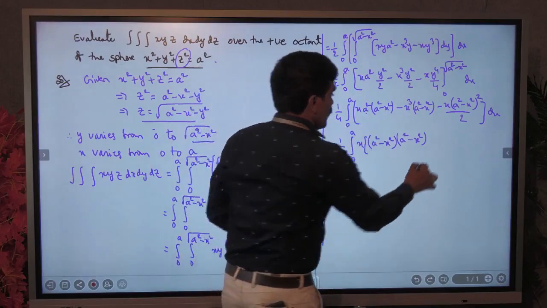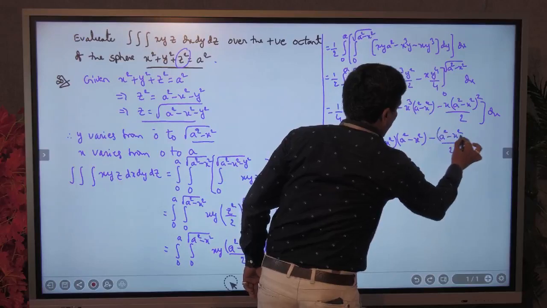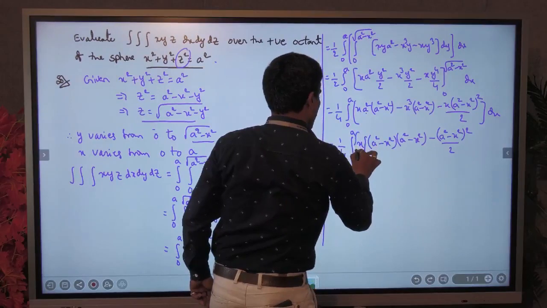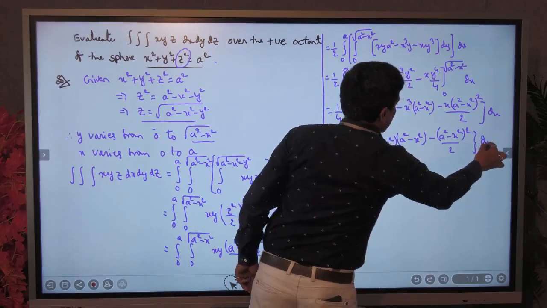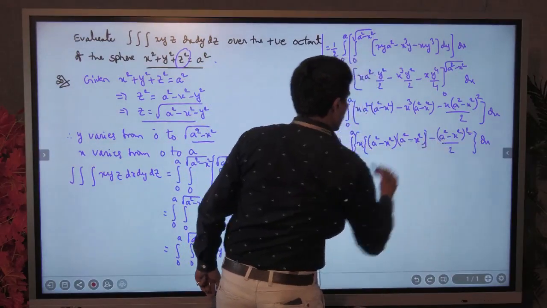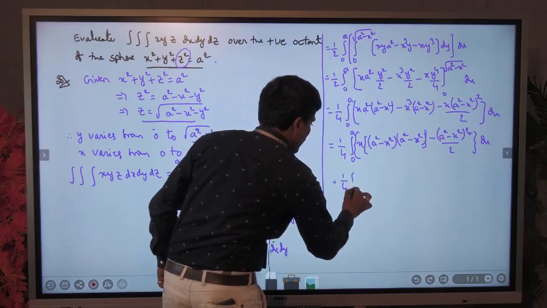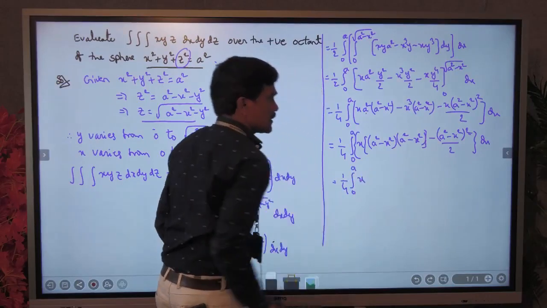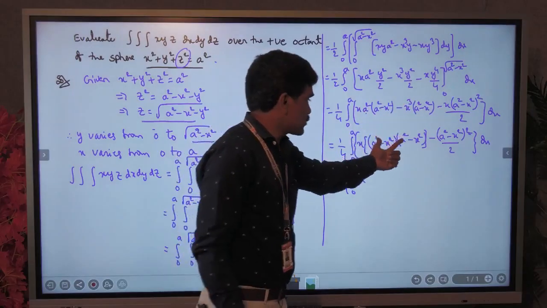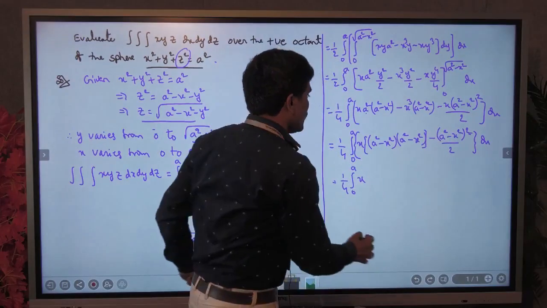Now minus (a square minus x square) whole square by 2 into dx. Right? That is equal to 1 by 4 integral 0 to a, x is a common term, a square minus x square, a square minus x square whole square minus (a square minus x square) whole square by 2.